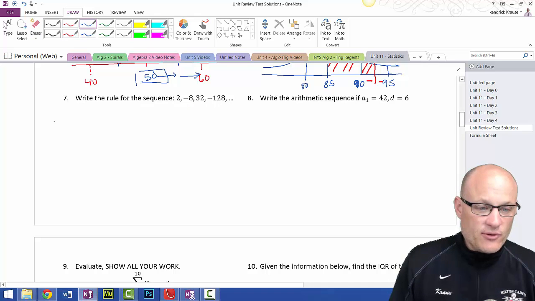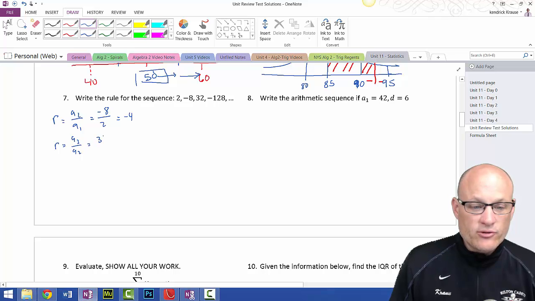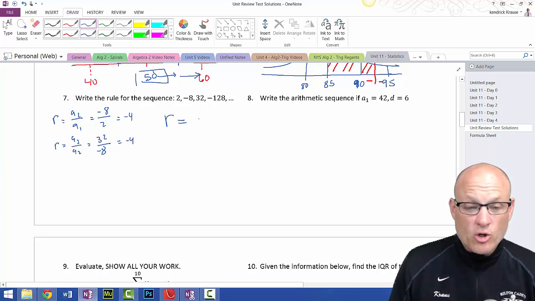So let's see if we can figure out what this ratio is. The ratios will be the second term, A2, divided by A1, which is -8 over 2, which is -4. Or it could be A3 over A2, which is 32 over -8, which is still -4. So my R value, or my ratio between the two terms in this sequence, is -4.